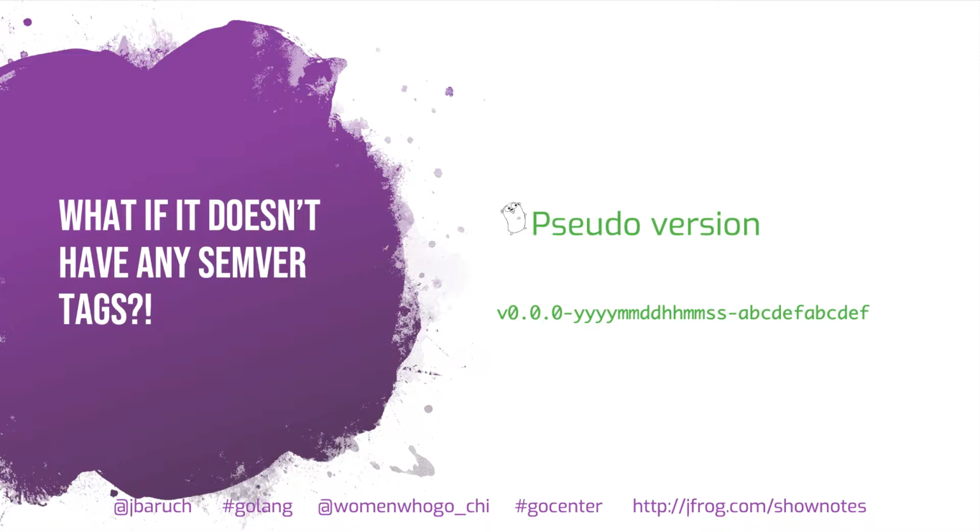As opposed to having a tag, which makes Go take the latest one, and if we have a conflict resolution, if someone depends on another version but they are in the same major version, we can expect that if we take the newest one, the older one will work as well.